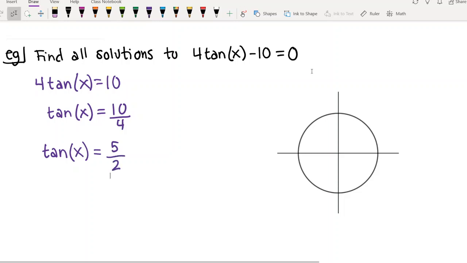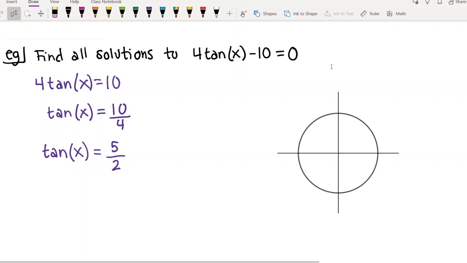One thing I just want to point out, you might look at this and say, wait, this number is bigger than 1, right? 5 over 2 is 2.5. Is that okay? And it is, because we're working with tangent. Remember, sine and cosine are always between -1 and 1. Why is that?